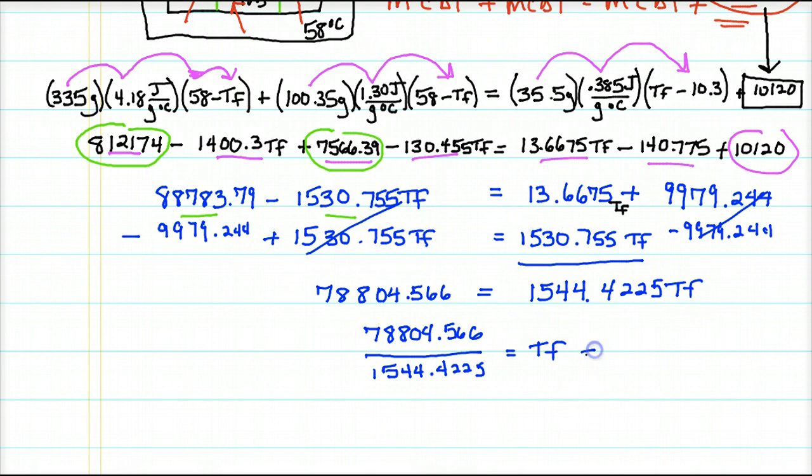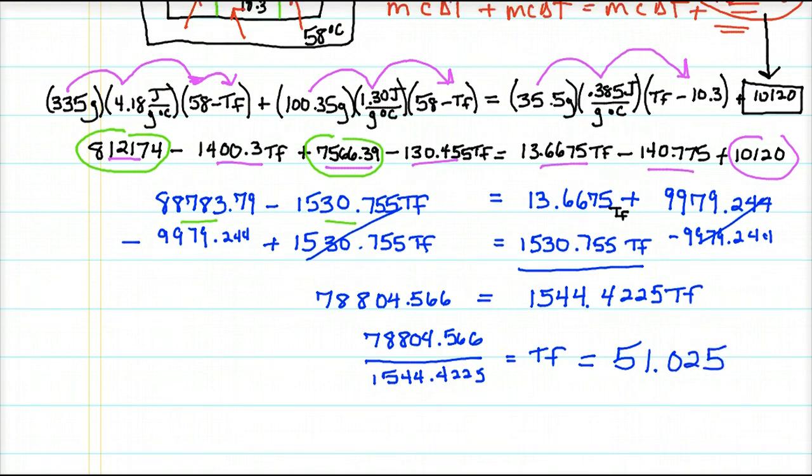Okay, and I get temperature final to be, let me put that in my calculator. 78804.566 divided by 1544.4225, and I get my final temperature to be 51.025.